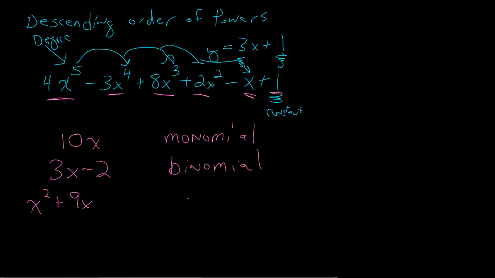And if I have 3 parts, it's a trinomial. And we basically stopped naming after these 3 and call anything with more parts a polynomial. They are all polynomials.